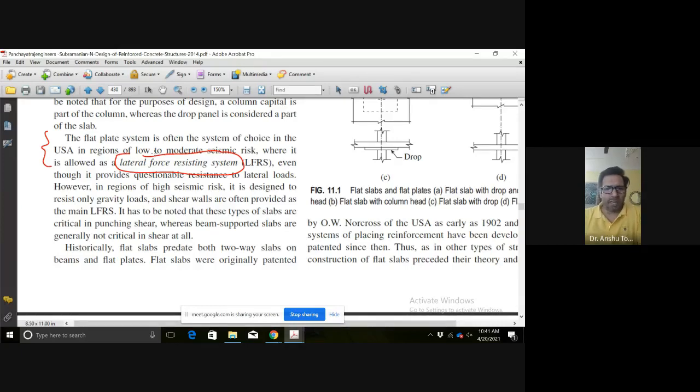There are numerous flat slab IT buildings in that region, despite the fact that they are earthquake prone. They don't come under the category of zone 2 or zone 3. But the design is proper. There is a little bit conservative design. The ductile detailing code IS 13920 has been used accurately. So that is why they have been able to execute this type of system in that region.